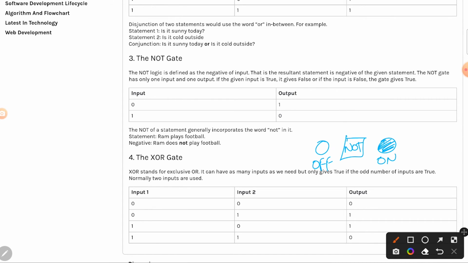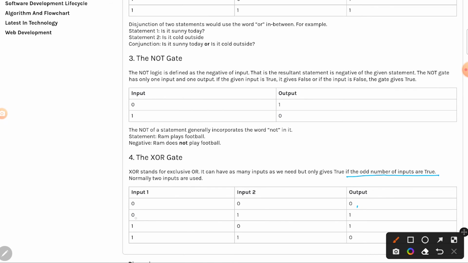The fourth logic gate is called exclusive OR, in which the output is based on the number of inputs that are true. That is the key thing: if an odd number of inputs are true, then the output becomes true. Here you can see there are two inputs true, so the output is off.